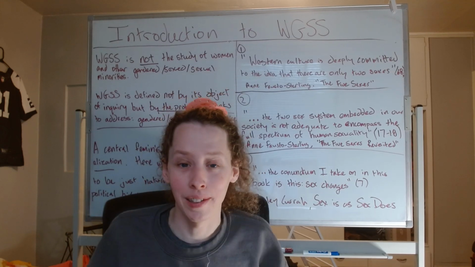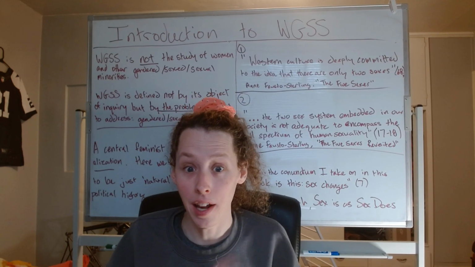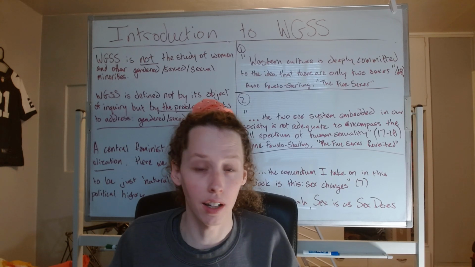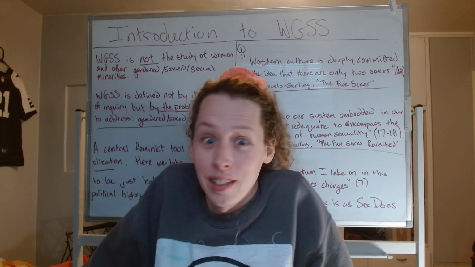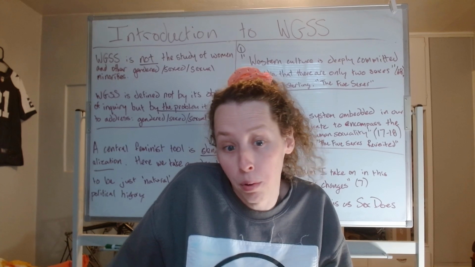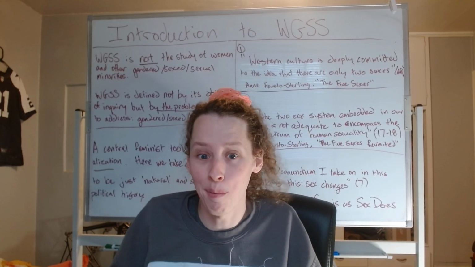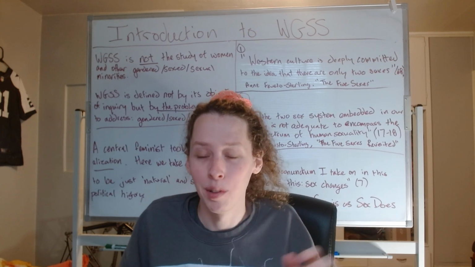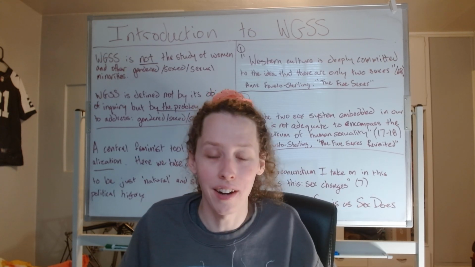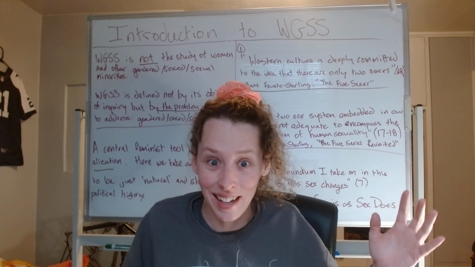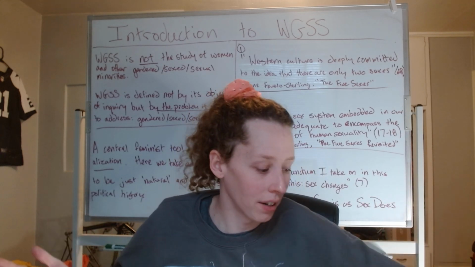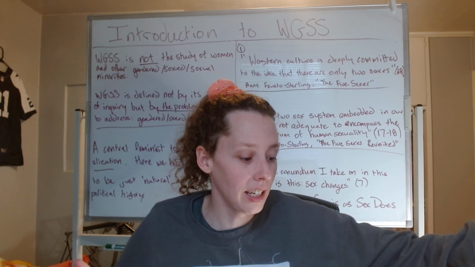Fausto Sterling brings up examples of intersex children, which can constitute as much as, I think the highest number reported is 4% of the population. These people have maybe some biological or sexed characteristics of one sex and some characteristics of the other, right?